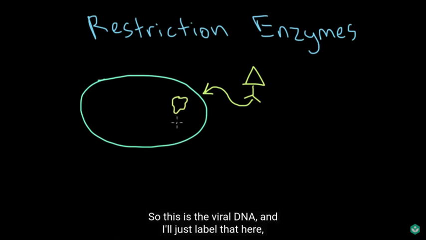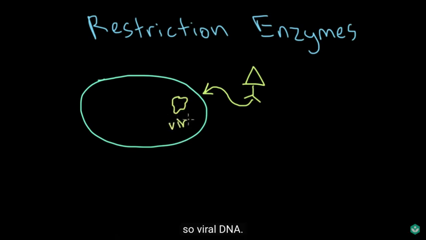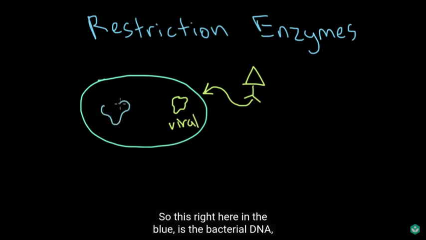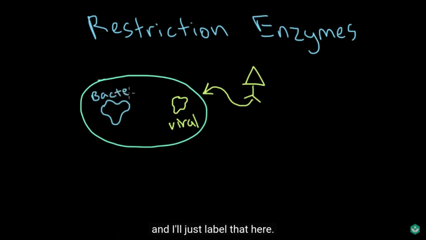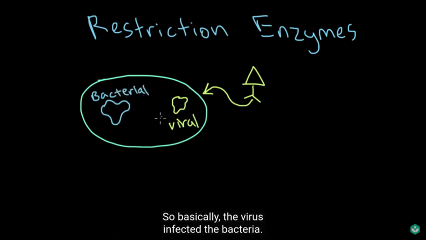So this is the viral DNA, and I'll just label that here. And the bacteria, being a living creature, also has its own DNA. So this right here in blue is the bacterial DNA. So basically the virus infected the bacteria, but the bacteria wants to figure out some way to destroy the viral DNA.